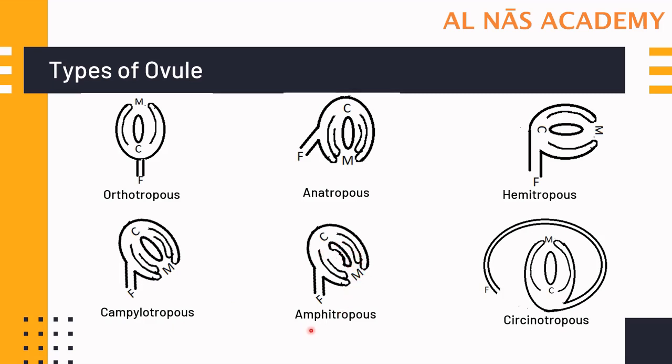That's the reason why it is called the Amphitropous ovule. So the Campylotropous and Amphitropous ovules are angular in nature. The last one is the Circinotropous ovule, which is very similar to the Orthotropous ovule. The only difference is that in the Circinotropous ovule, the main body takes a 360 degree turn, forming a full circle.